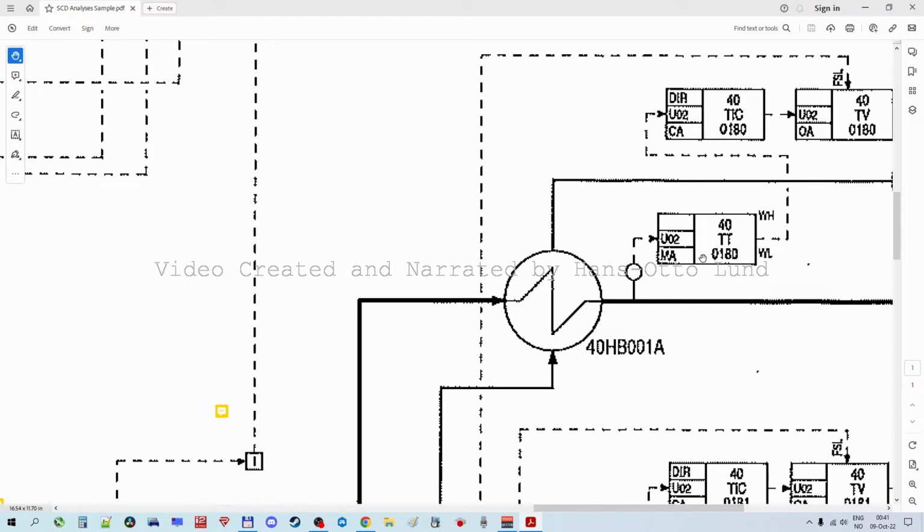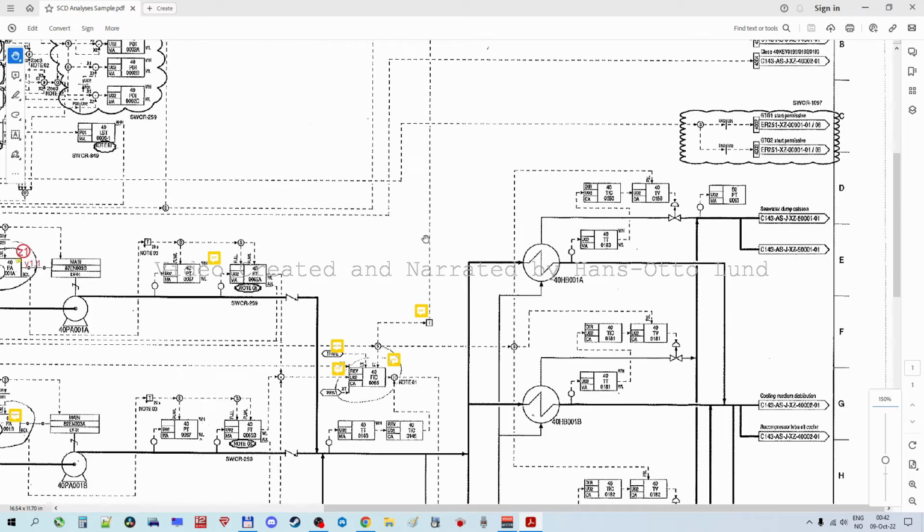It stands for that this is a measuring block. The main function of it is measuring something, and the A describes that it's an analog block. It's just a sample, you know.